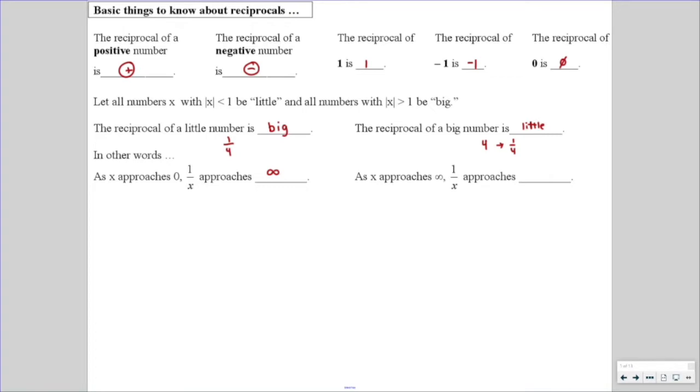So if you think about the graph of 1 over x, as x goes to positive or negative infinity, it gets closer and closer to the x-axis, but never hits it because we've got an asymptote there. But it does approach 0. So as x gets bigger and bigger, its reciprocal gets smaller and smaller. As x gets smaller and smaller, going back to 0, we get bigger and bigger on the reciprocal side. And that'll inform us about how those curves are going to look when we sketch cosecant and secant today.